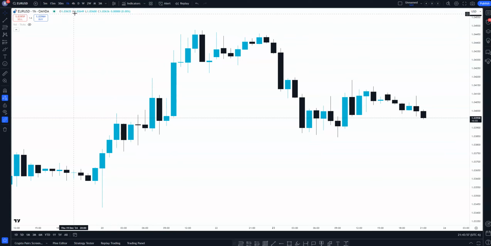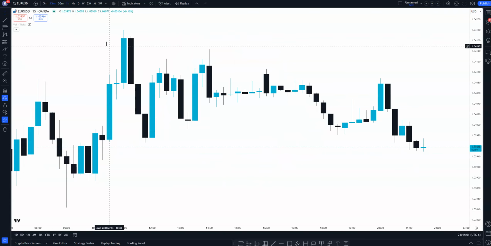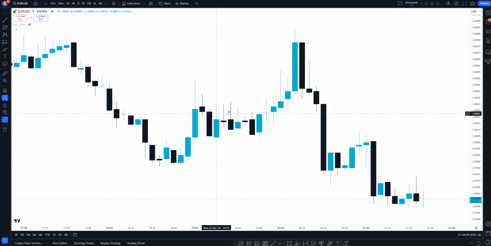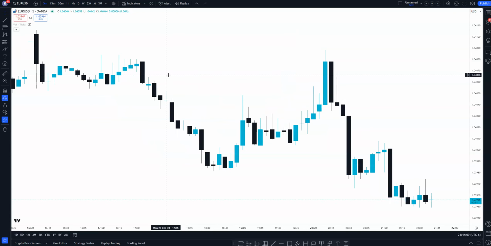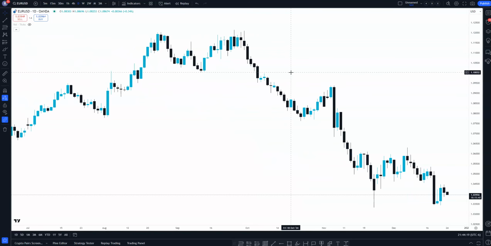This just depends, but we can also go 30 minutes, 15 minutes, each candle 15 minutes, 5 minutes, each candle 5 minutes. And all the different ones have their advantages, depending on what type of trader you are. But alright, we're just going to go back to the daily here. Alright, so we're back to the daily, where each candlestick is 1 day.